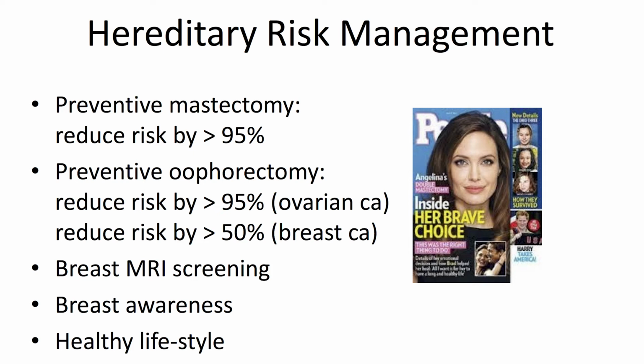And these high-risk individuals are also eligible, if they choose not to do preventive surgeries, for MRI screening in addition to mammograms. We always tell our patients to practice breast awareness. That goes beyond self-breast exams, inspection, looking at skin changes and so forth, and then of course healthy lifestyle.